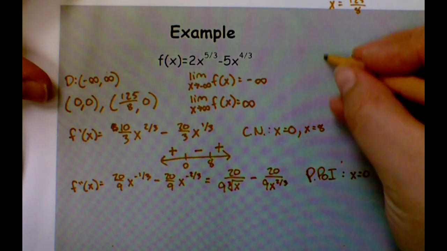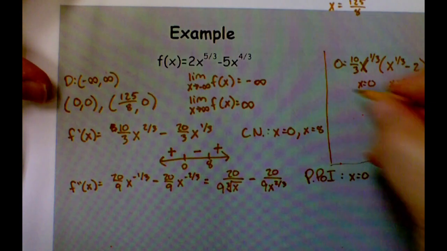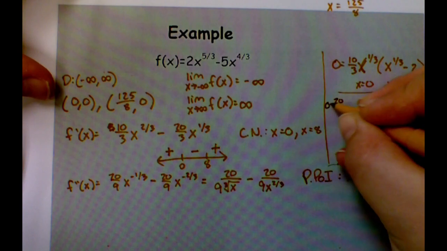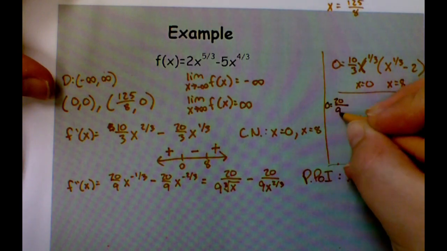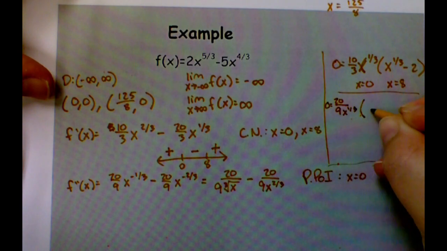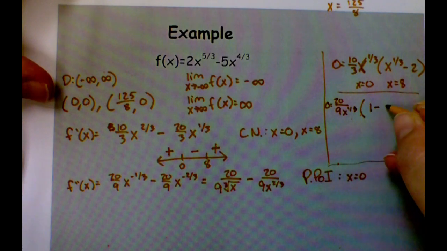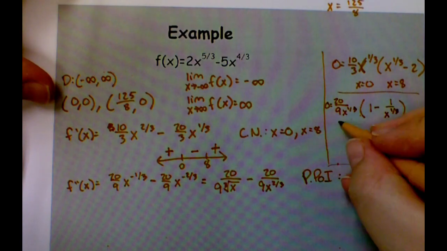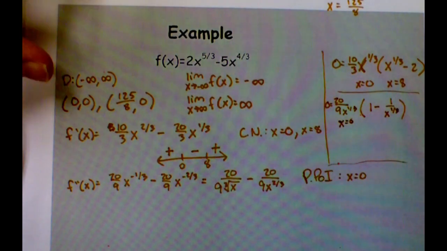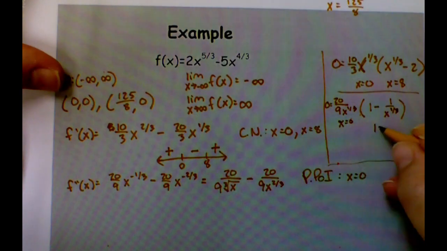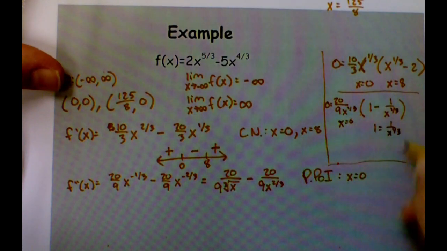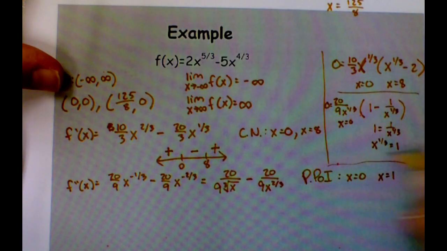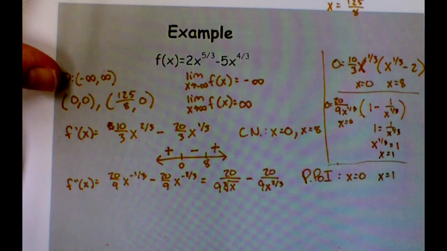And then a little scratch work here. If I factor out a 20 over 9x to the 1/3 power, that leaves me with a 1 minus 1 over x to the 1/3 power. This gives me x equals 0 because x can't be 0. This one, let's see, we get 1 equals 1 over x to the 1/3 power. X to the 1/3 power equals 1, which means x equals 1 is another possible point of inflection.